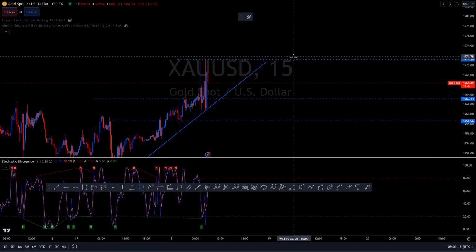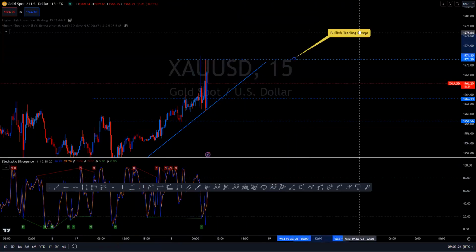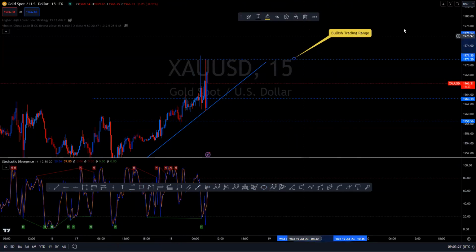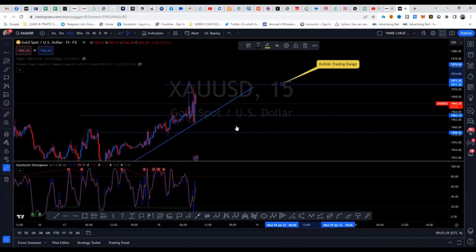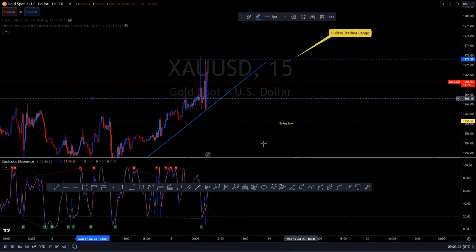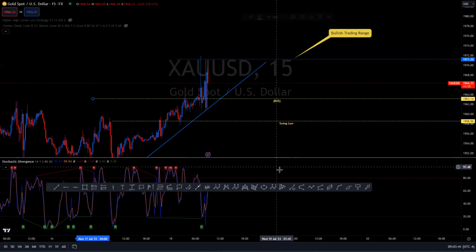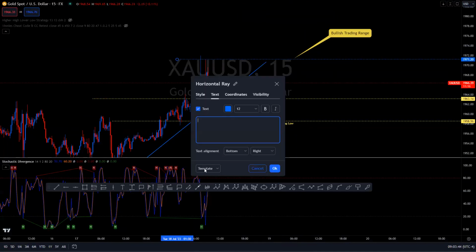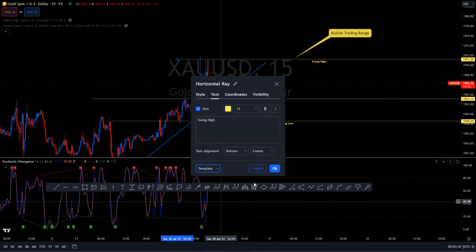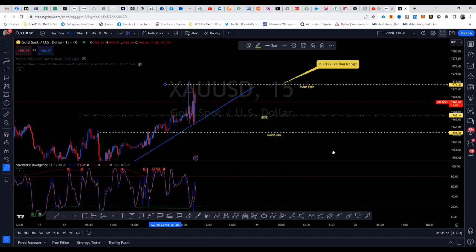So we're in a bullish trading range. Right. So we'll label this our swing low here. This is where we're at.